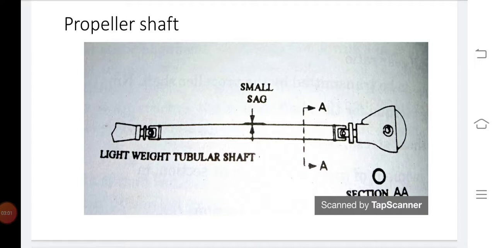A tubular section propeller shaft is normally used because it has low weight. If we use a solid shaft, that will increase the weight of the shaft as well as the unsprung weight of the vehicle. Second, it provides a large resistance to misalignment, especially sagging due to the huge vibration available in the propeller shaft area.